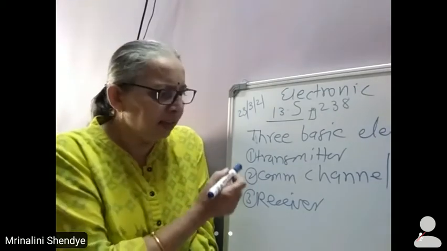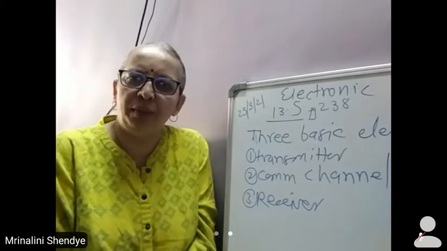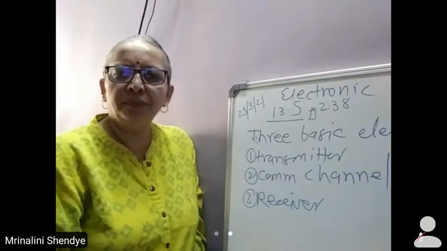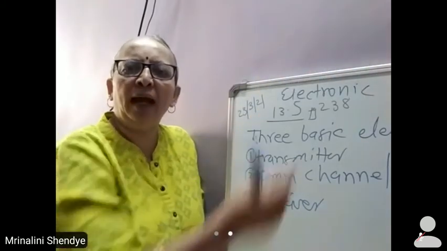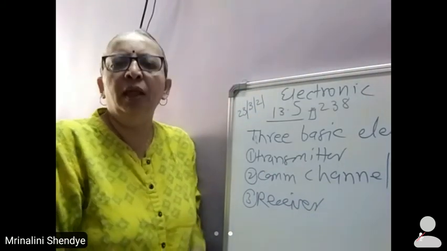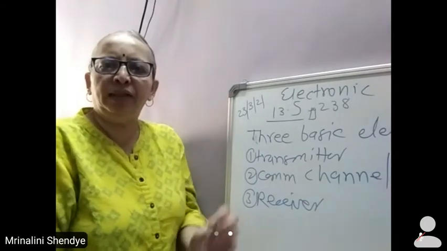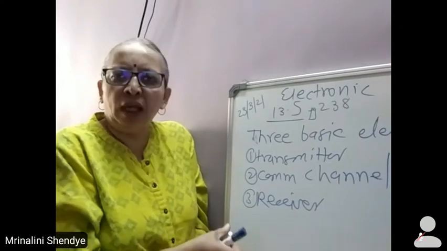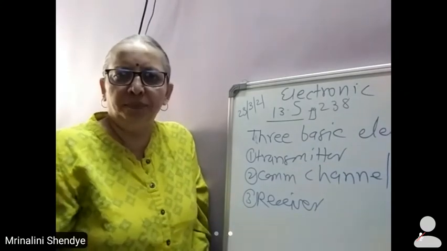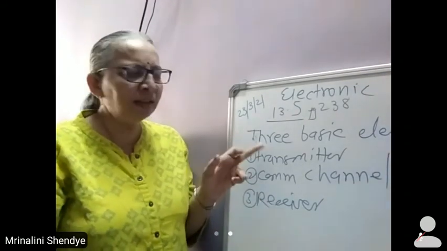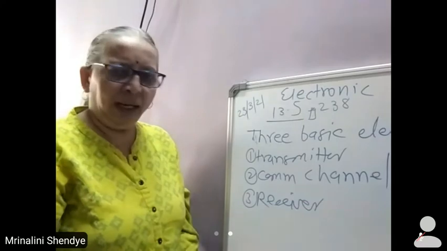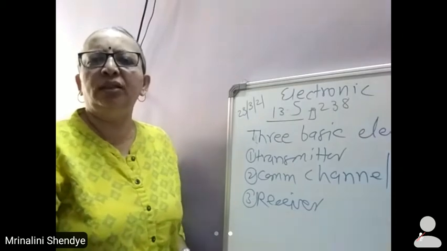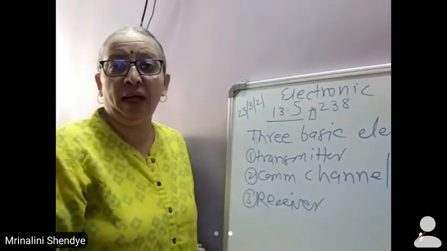Then this information transmitted by the transmitter passes through the communication channel, and the receiver, which is kept at the other end of the communication system, receives that information. It decodes it in suitable language to be understood. So this is a receiver. So these are three. We today will discuss the electronic communication system because it is nowadays of wide use.